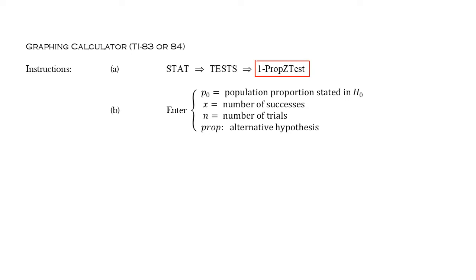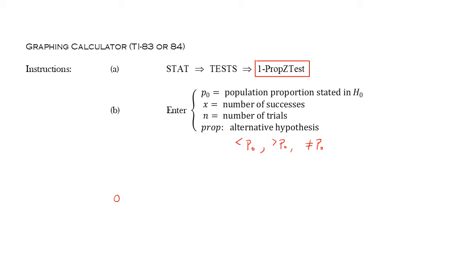And for the alternative hypothesis, we'll enter something of the form either less than p0, greater than p0, or not equal to p0. That's just telling it which type of tail to compute. Do you compute a left tail, a right tail, or a two-tail?